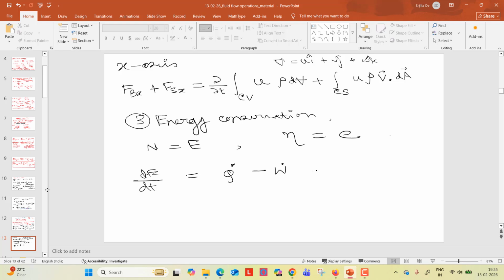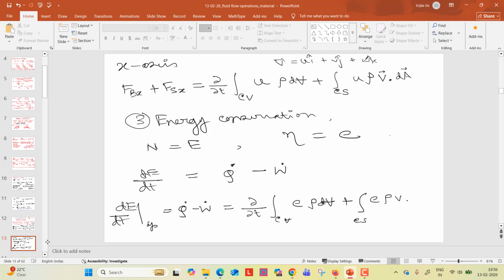So I am writing directly: dE/dt of the system equals Q dot minus W dot equals del/dt of control volume E rho dV plus over control surface E rho V dA, right?